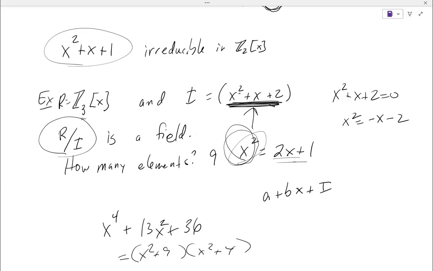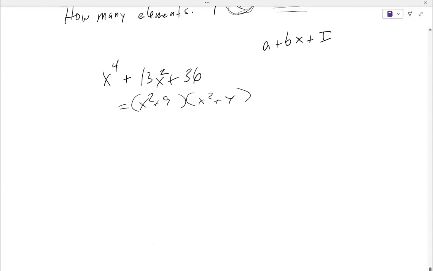So, let's see. We were talking about quotient rings. Did another example of a quotient ring here. Let's see if we can tie some of this now to homomorphisms. So let F from R to S be a homomorphism of rings.